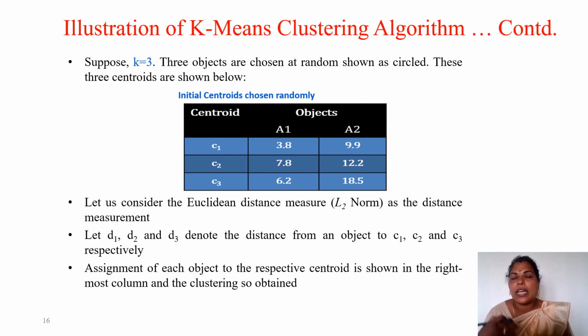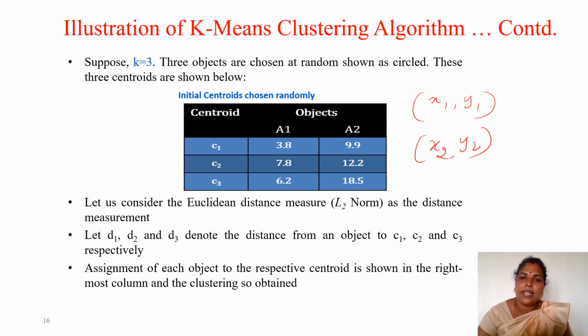Now how do we find the similarity between these cluster centers? We have to find the Euclidean distance measure, that is the L2 norm, which we apply here. Do you know the formula for the Euclidean distance? Suppose we have a point x1, y1 and another point x2, y2.